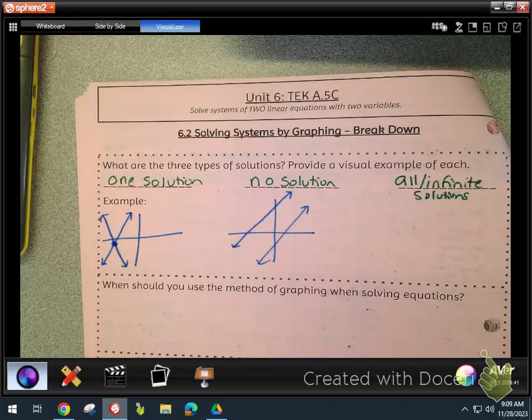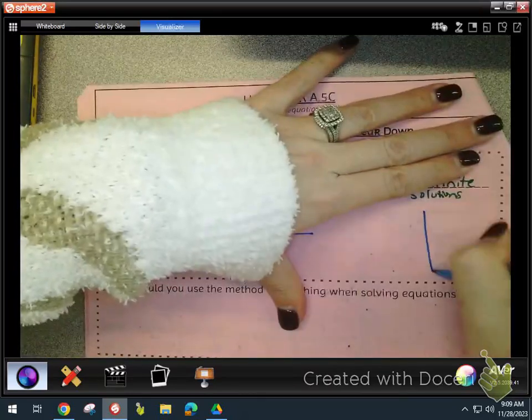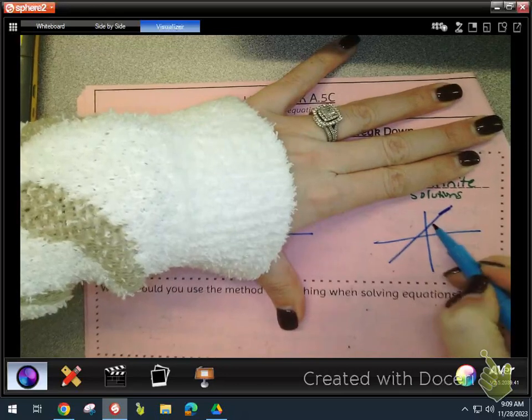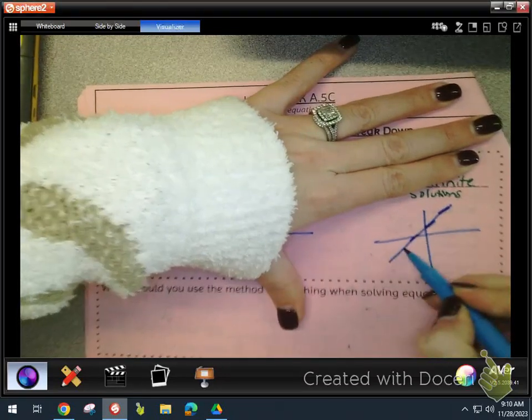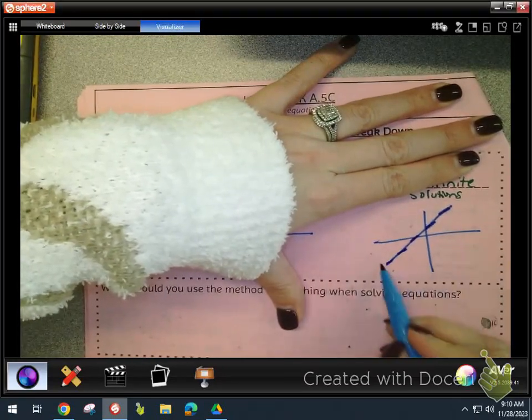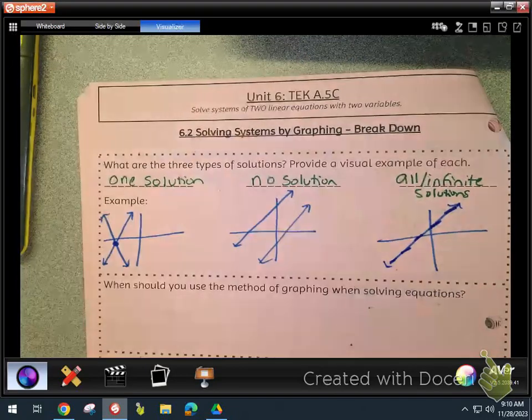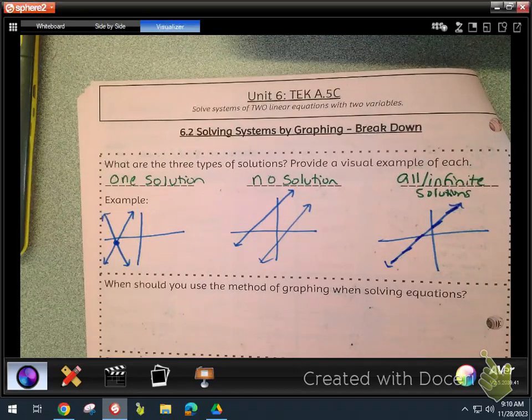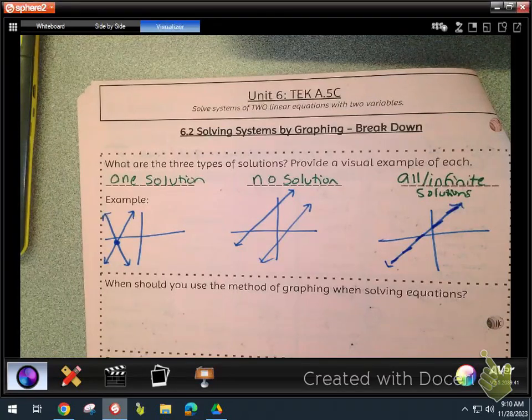So graphically, we'll just draw one line, and then I'm going to try to draw over it, maybe dash so we can recognize that it is 2 graphs, but they share all the same points. The equations are identical. They're probably not going to look identical, like one might be in slope-intercept, one might be in standard, but when you do graphing, substitution, or elimination, you'll realize that the equations are the same.